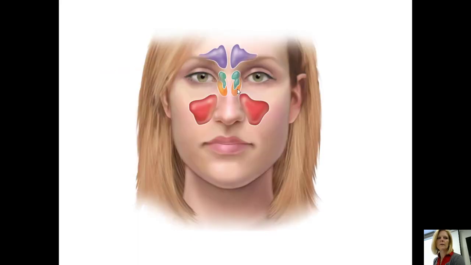So there's a couple of different sinuses. So when I look at this diagram here, what bone is this here? The frontal bone. So these would be called the frontal sinuses.